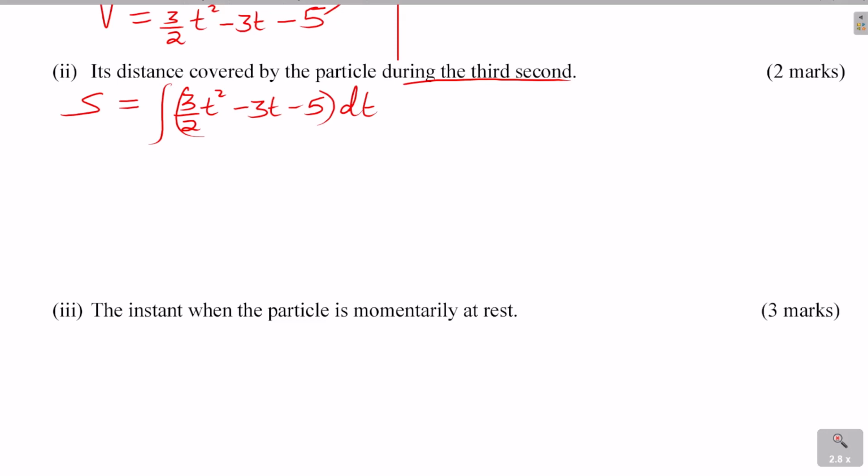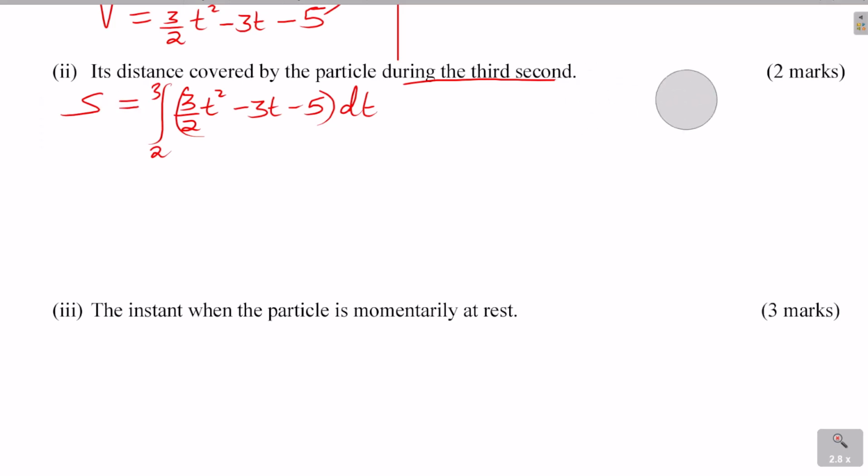Another thing that you're supposed to know before we continue: during the third second means we're going to integrate from 2 to 3.